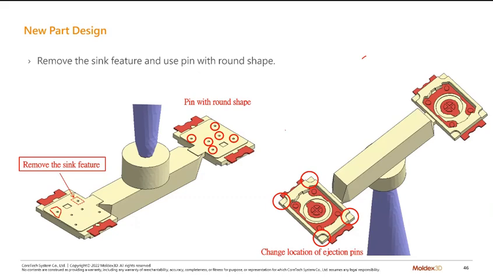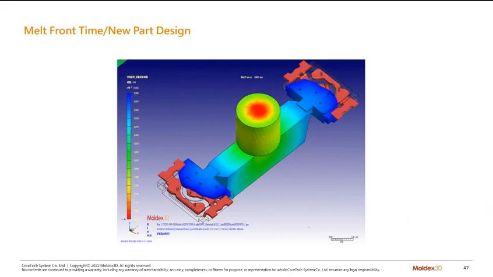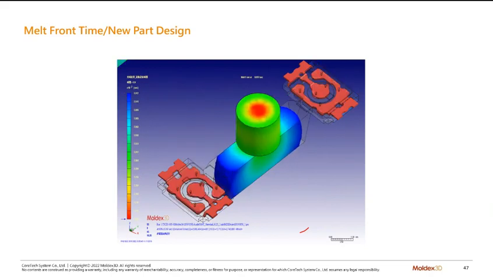So when the thickness becomes bigger, the melt front temperature will be higher when the two melt fronts meet each other. So if we check these ones, okay, for sure we have a pin here, and we can expect the weld line somewhere here.